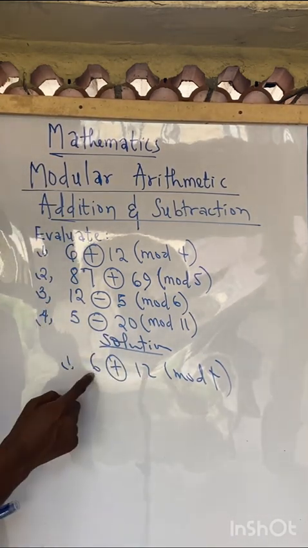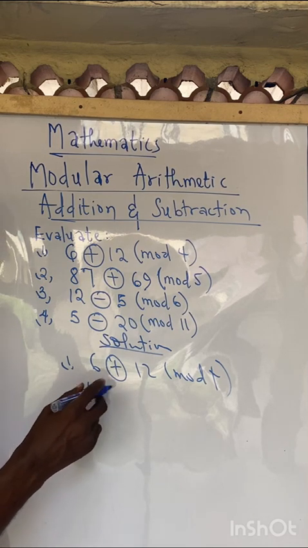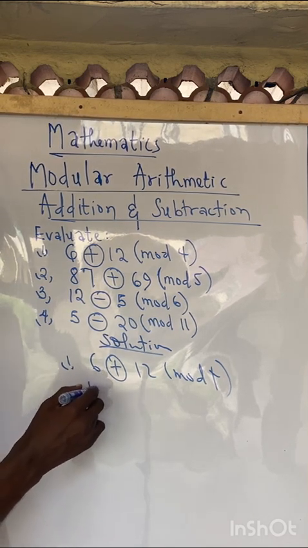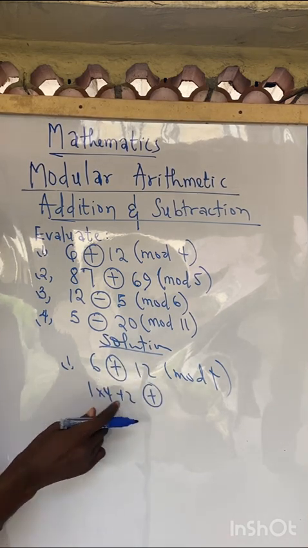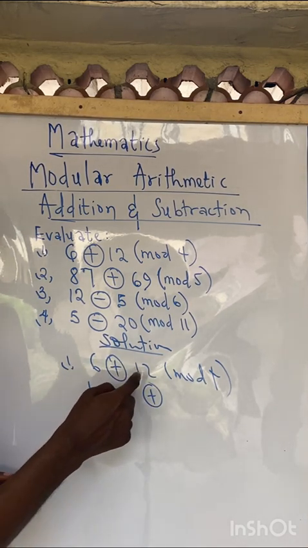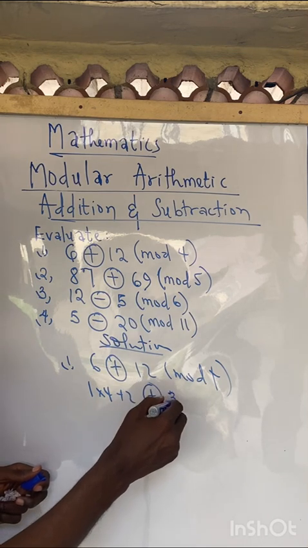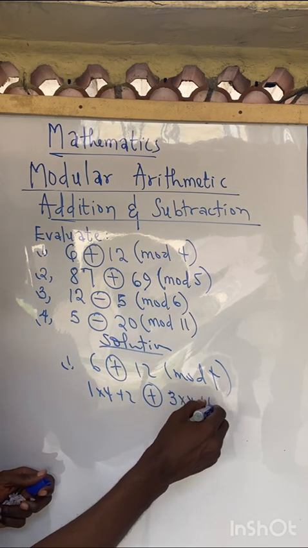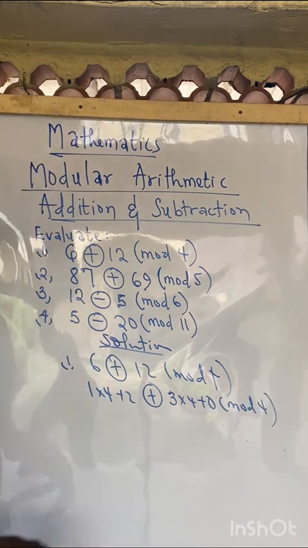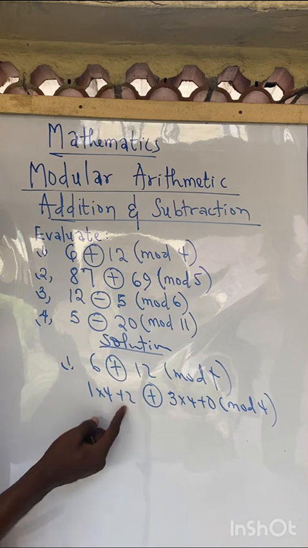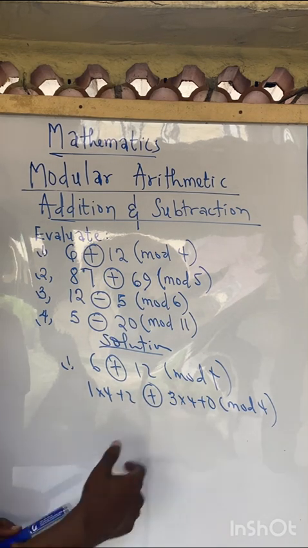So if we want to reduce this, it will give us 1 times 4 plus 2, which is 6. Then this is 3 times 4 plus 0 mod 4. Now, this is another way of writing 12. We don't need the multiplication part, we only need the addition part.